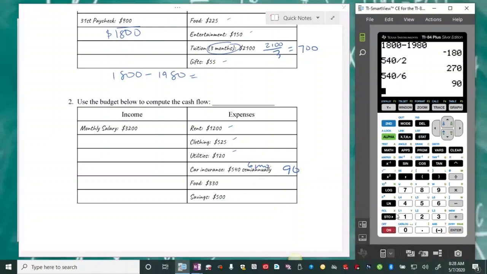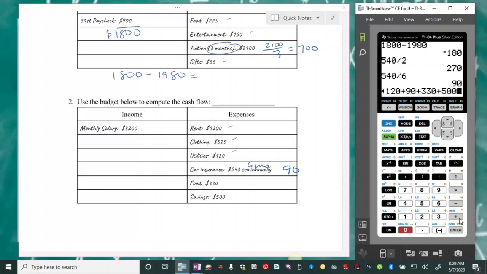So I'll take my 1,200 plus the 525 plus 120. So just a matter of adding up all your expenses. $90 a month for that car insurance, $330, and then finally $500.